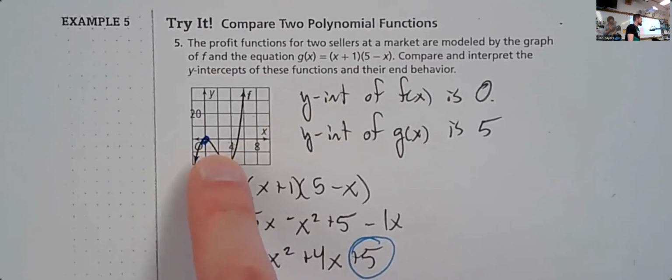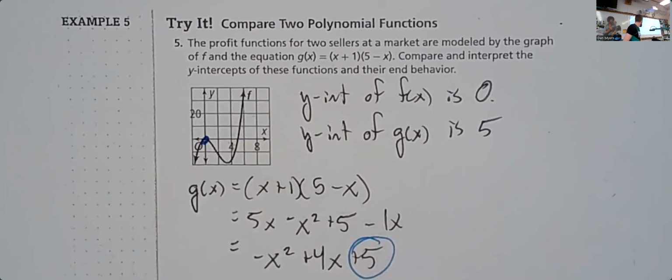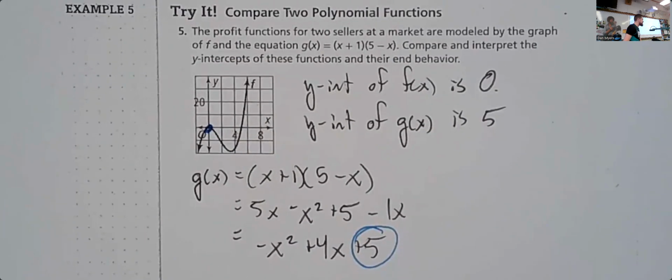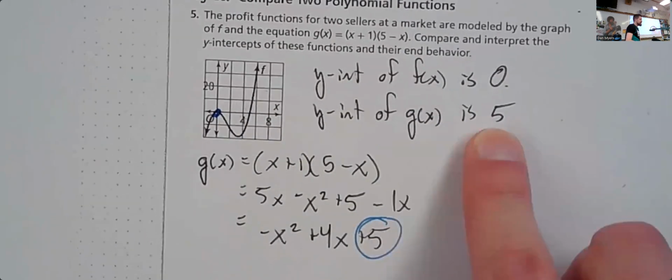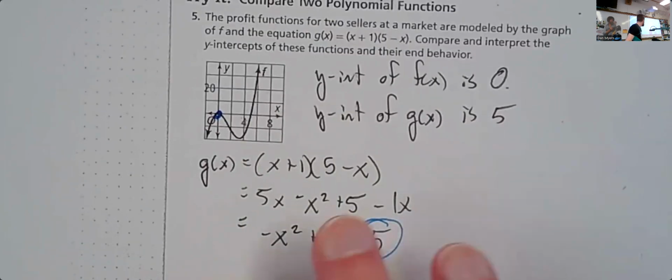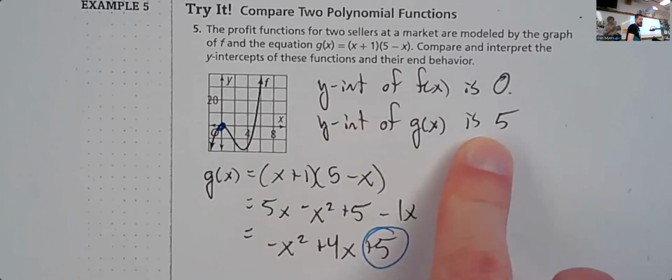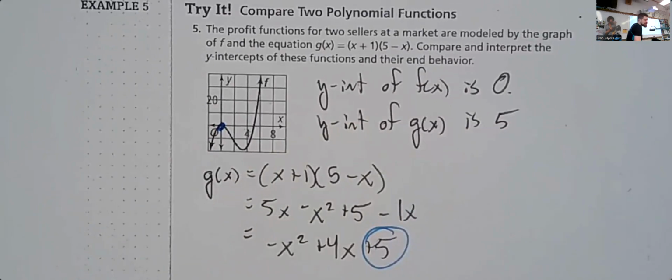Which means they're also not going to lose anything, which is fine. If the person selling with the equation g of x sells nothing, how much do they make? $5, which doesn't seem to make sense. So chances are, at least for g of x, right around where x equals 0, it's not really valid information, but that's what we've got.